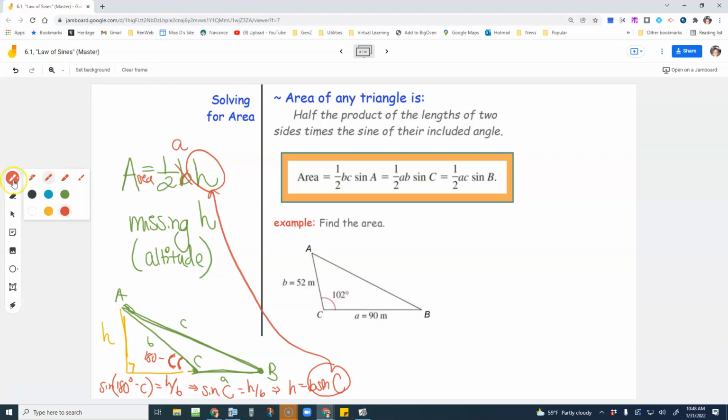It's a thing. Now, to avoid all of this geometry every single time, here's another way of looking at it.